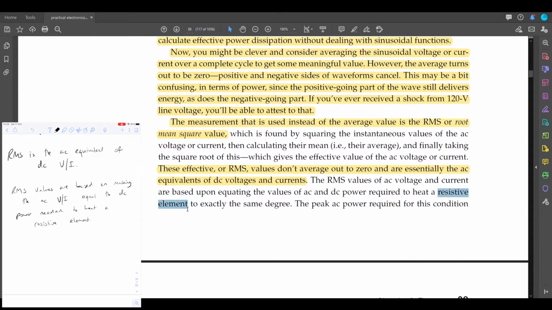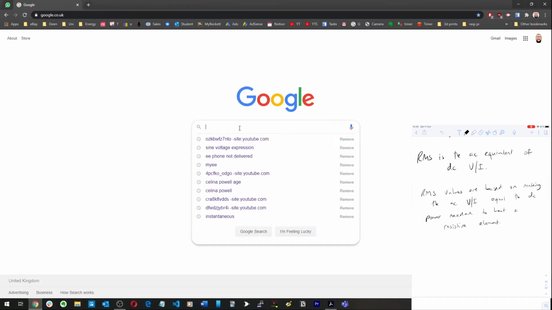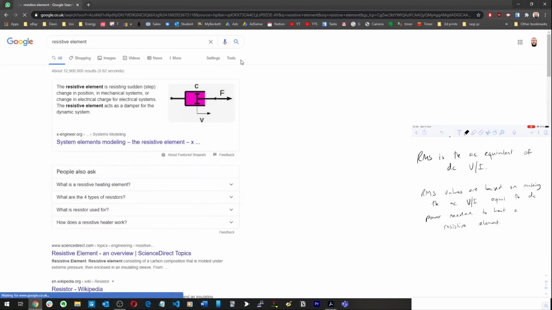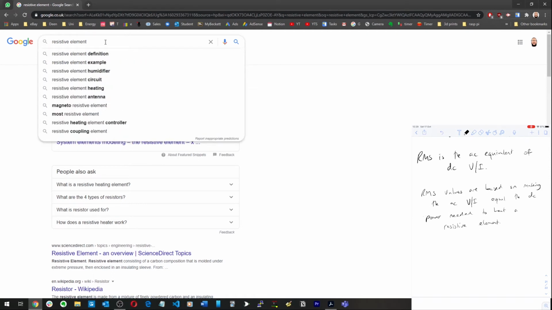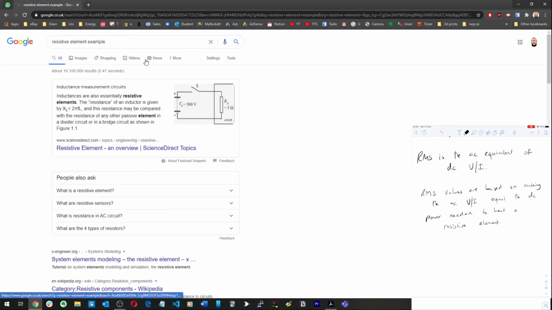Okay, let's try and find what the correct definition of this element is. The resistive element is a resisting sudden change in position in a mechanical system or change in electrical charge for electrical. A resistive element acts as a damper. Example: inductors are also essentially resistive elements.